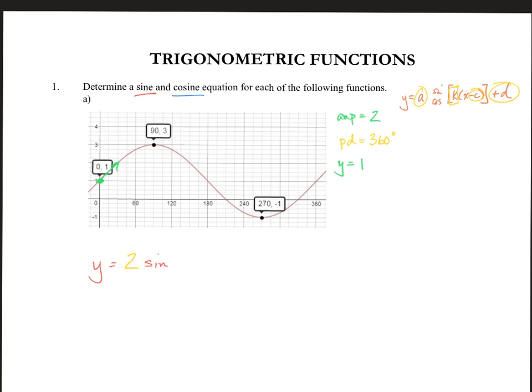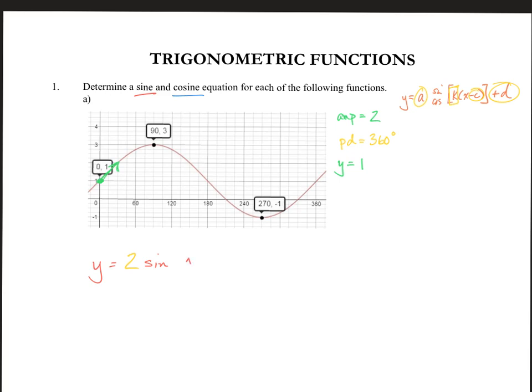Not sure on the k value yet, but I am sure on the c value. Because my graph starts in the middle and rises, just like my normal sine curve, that means there is no phase shift on this graph, and therefore my c value is 0.